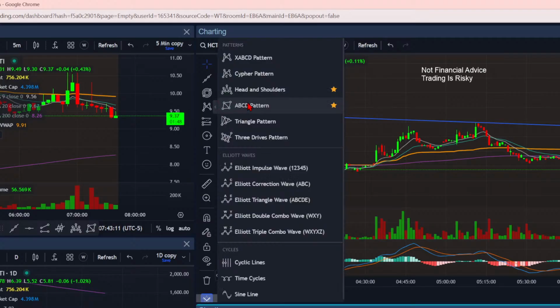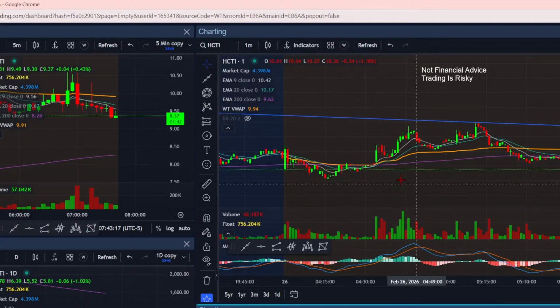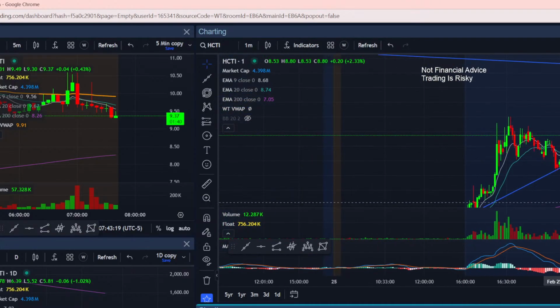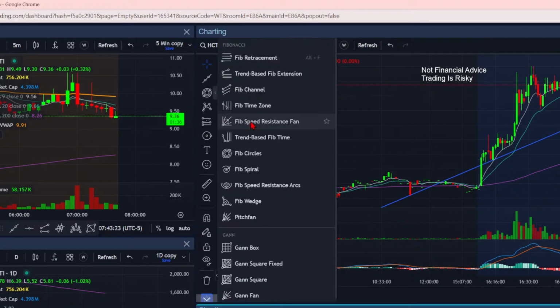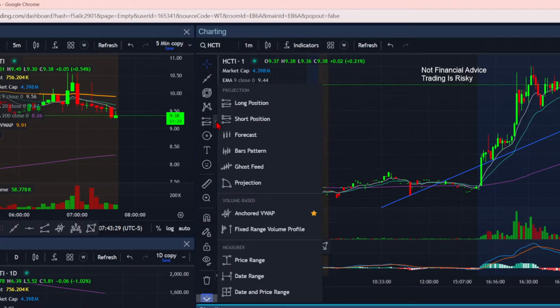All right. Let's see. We have patterns. Patterns are really important. I would say they're almost as important as drawing lines. We could probably draw a pattern on this one.